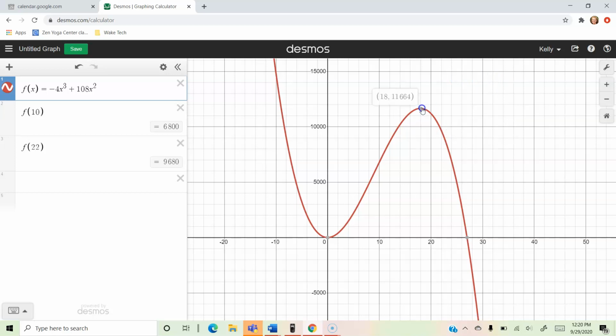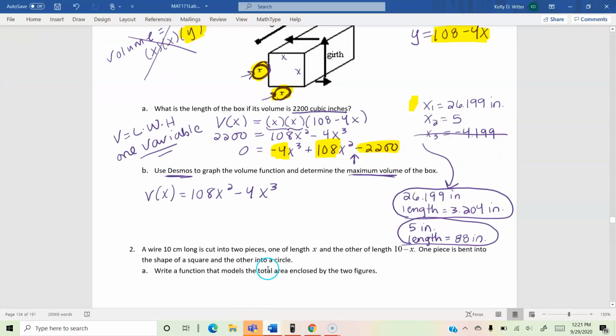Your maximum volume is going to be right here, at this turning point, right? We've talked about that a little bit. It's increasing and then it's decreasing, and so we have this local max right there. And that would be if we use an X value of 18. So we'll go back to this, and it says sketch the graph.